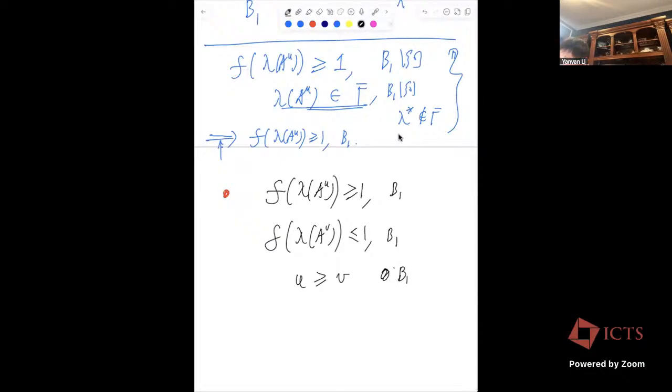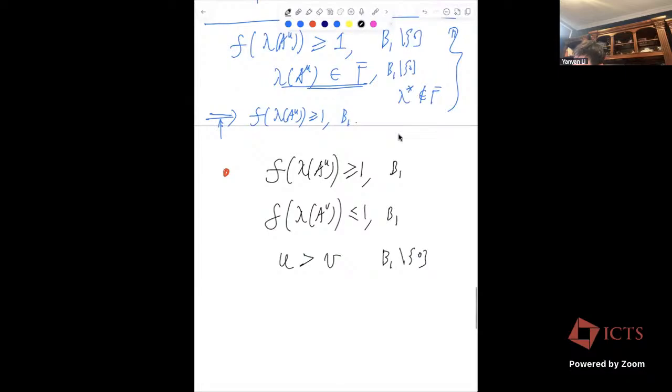So let's make life easier. I will assume U is actually bigger than V in B1 minus 0.